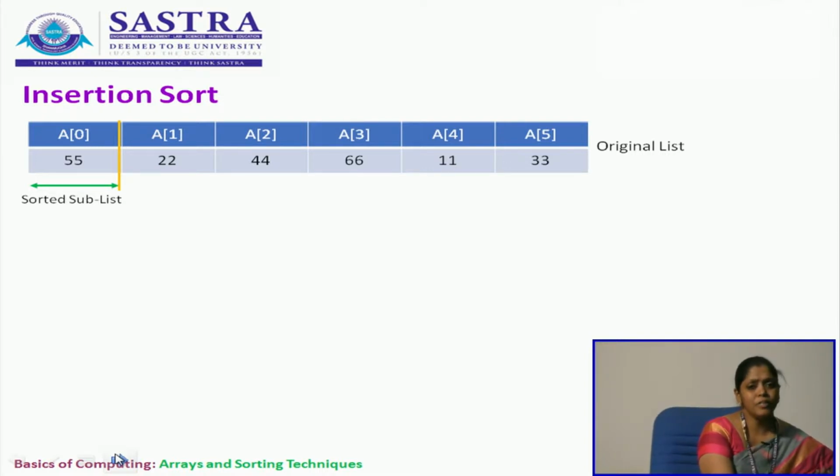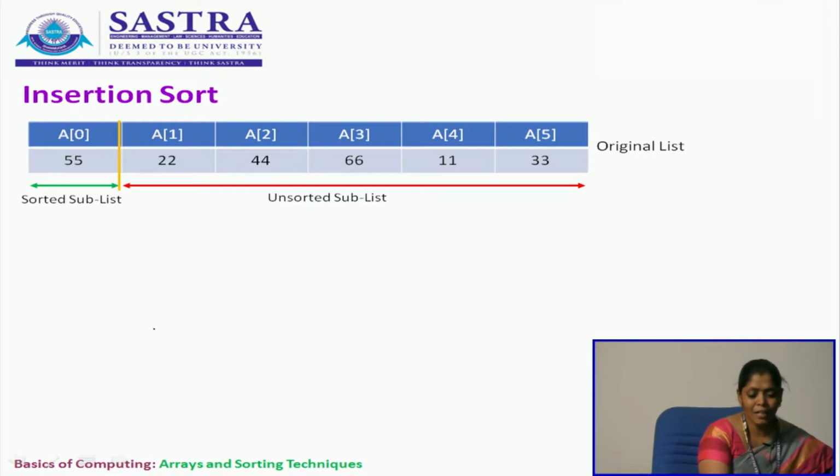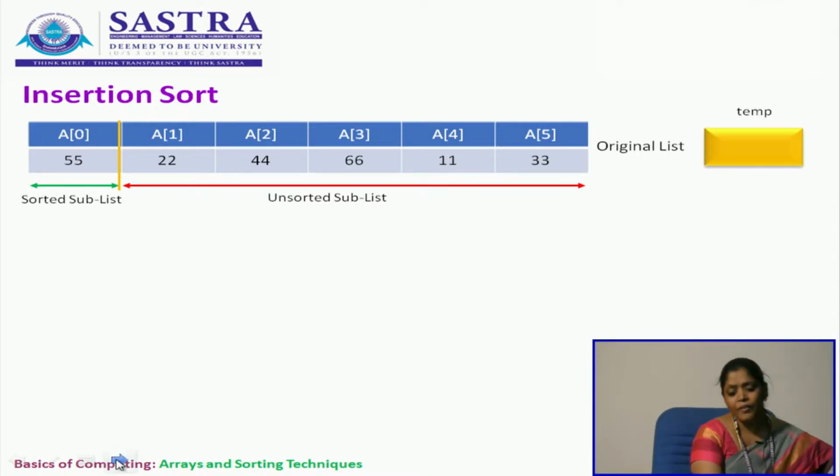We don't mind about its position because there is only one element, which is definitely in its position. The remaining part, from A of 1 to A of 5, is considered the unsorted sublist. Then we are going to have one more variable called temp. Using this temp, we are going to store values temporarily during the swapping operation.